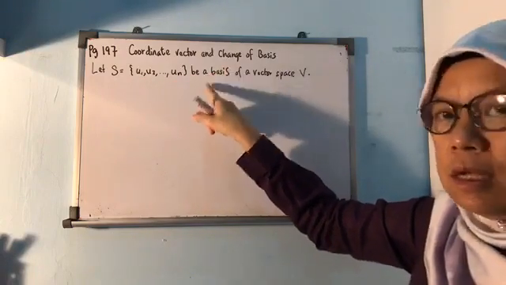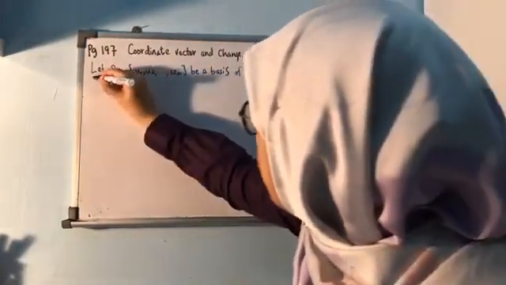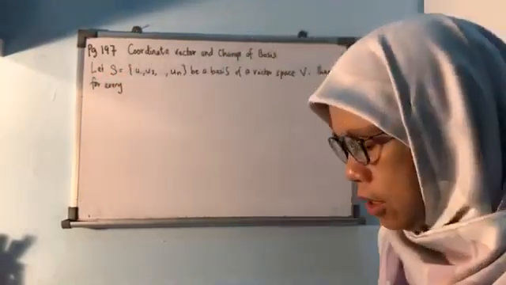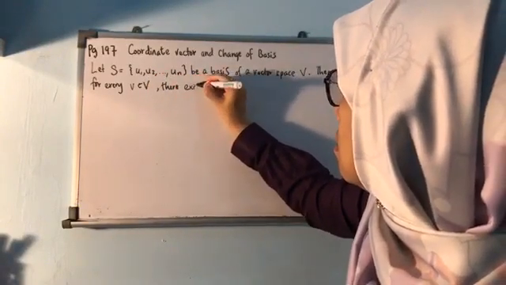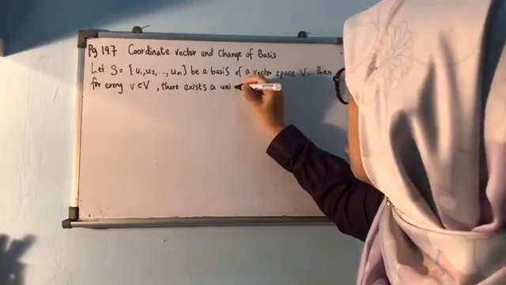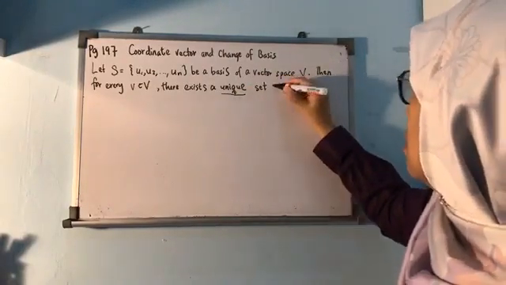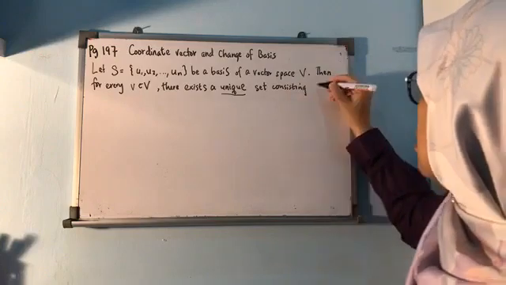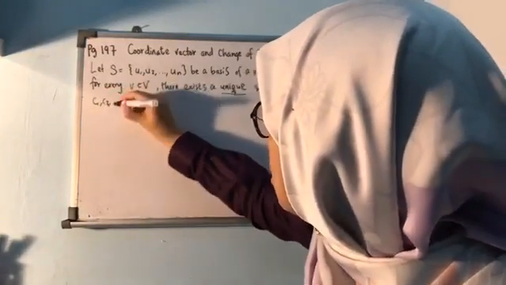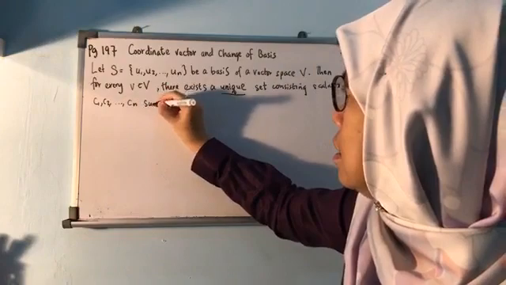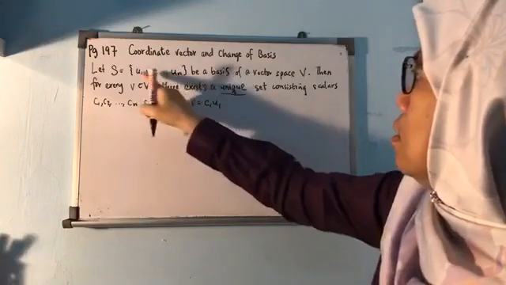I didn't say the basis, it's a basis, one of the bases of a vector space V. Then for every v in V, there exists a unique set consisting of scalars, scalars are real numbers, c1, c2 until cn, such that this v is a linear combination of these vectors.